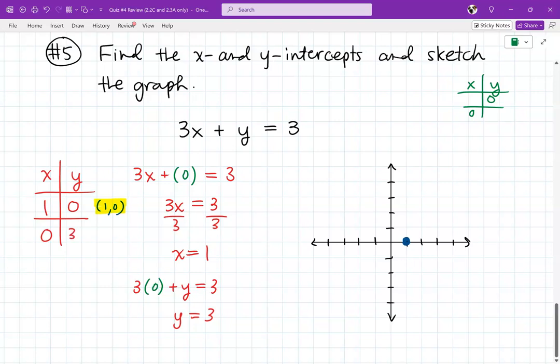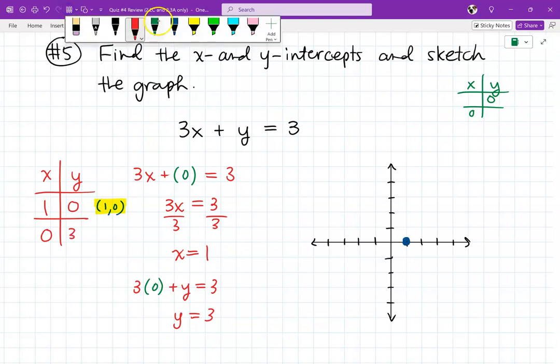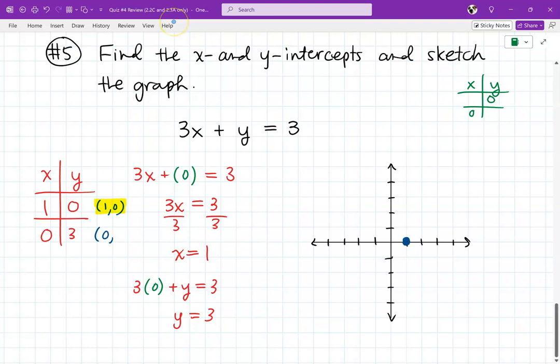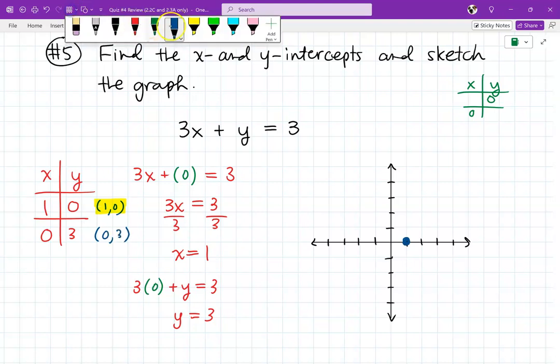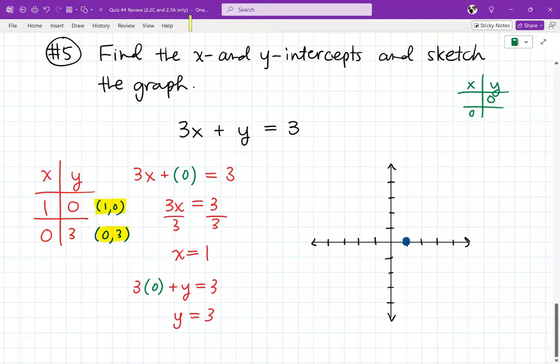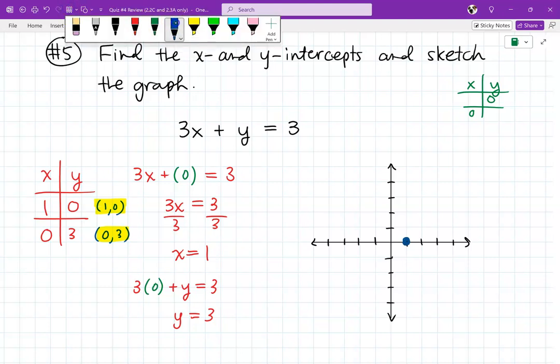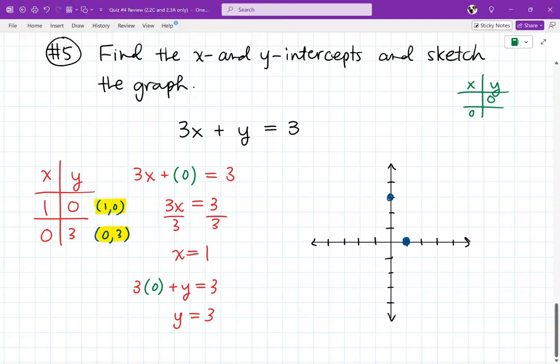So this point will be 0, comma 3. And again, I'll highlight that so that we know that is the point. So I'm going to go to 0, 3 on my graph. I'm going to put it right there. Last thing I got to do is connect the dots, and I'm done. Okay? So connect the dots. That's it. Okay, this is the review for your quiz.